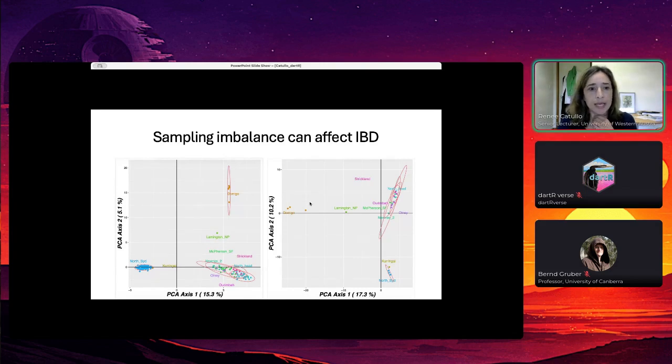When we went back and called SNPs, our most divergent clade is our overly sampled North Sydney clade. But when we went back and did an equal number of samples per population, most of our variation, which also went up, so this PC axis 1 went up, became this isolation by distance.